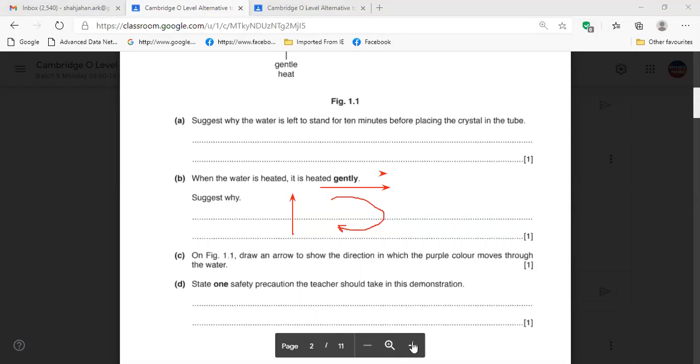So normally, what happens? These are hot things, right? To handle this type of hot things, we have to use gloves. Another thing is to protect our eyes, because with too much heat there might be an explosion in the tube, an accident.